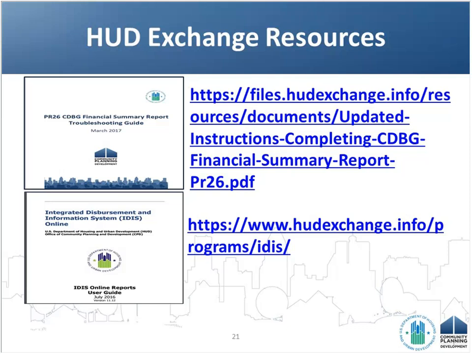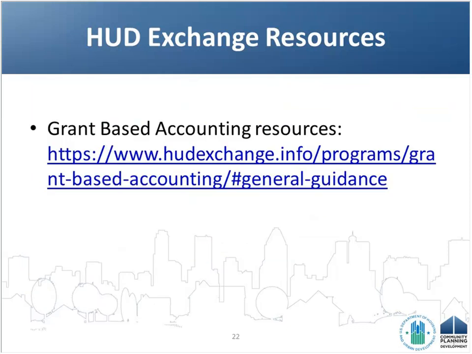The second one, we have the IDIS Online User Guide. You can click that link to check that user guide. We also have resources online for grant-based accounting. For example, today's topic, Origin Year Expenditure Test for the admin and planning cost, is included in these grant-based accounting web pages. So that is the web link.